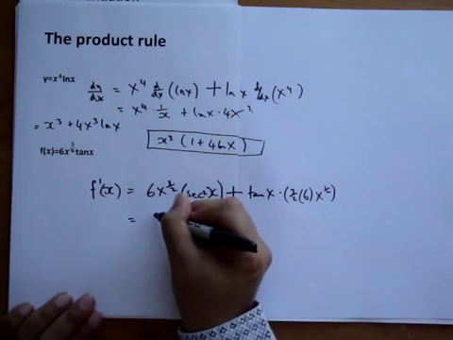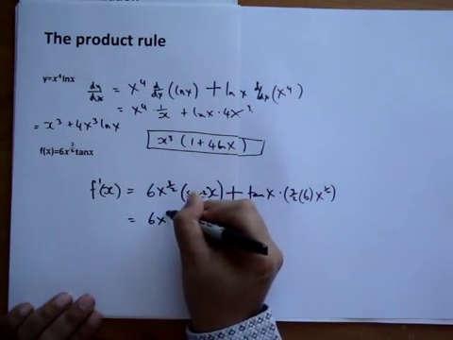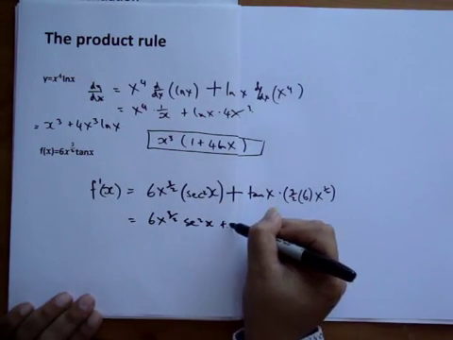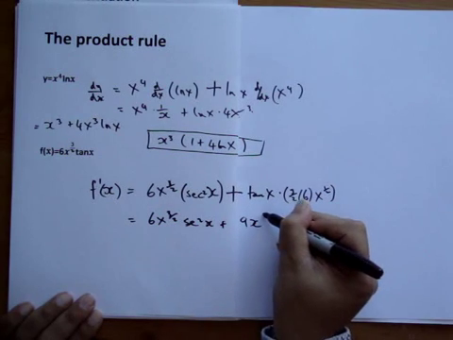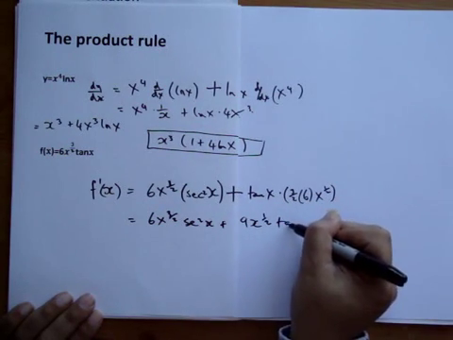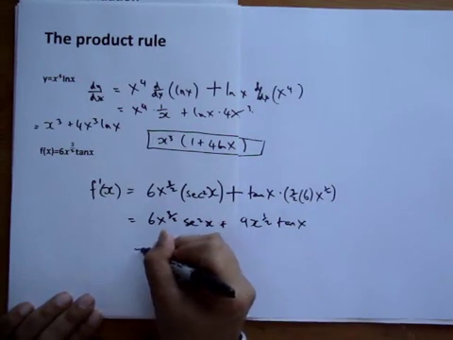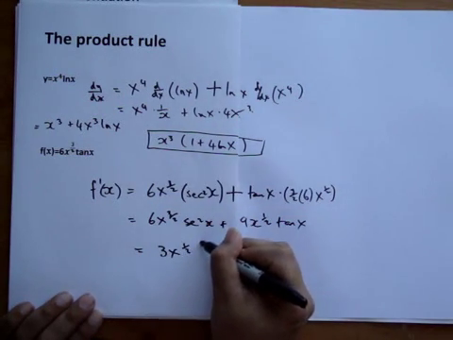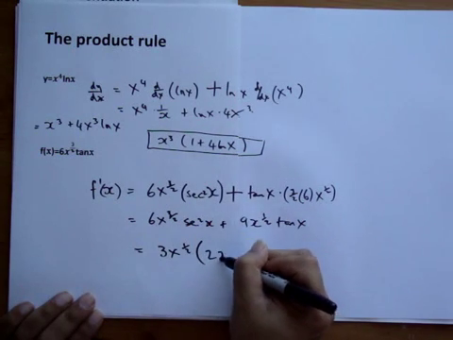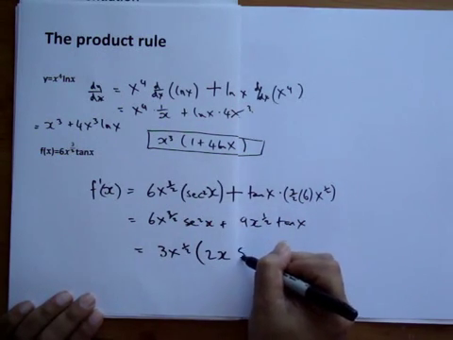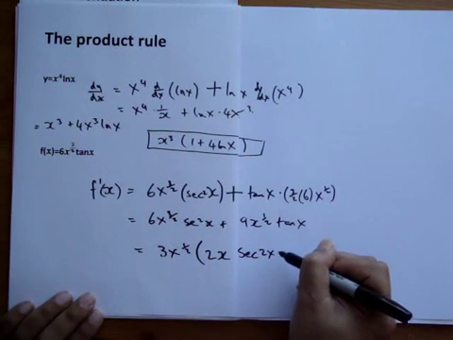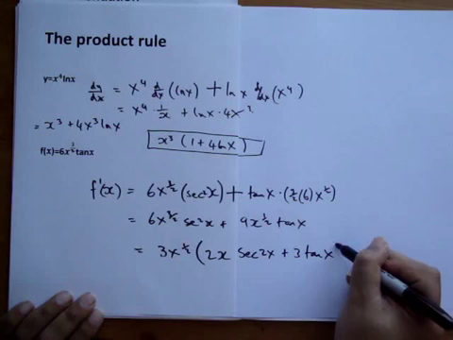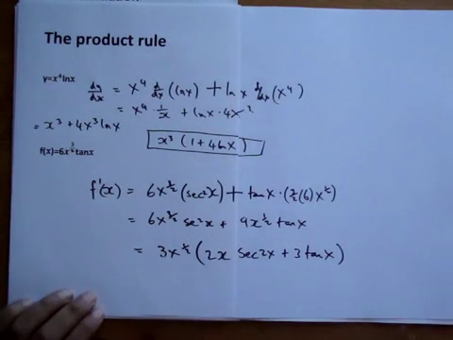Tidying that up, we get 6x to the 3 over 2 sec squared x plus 9x to the power half tan x. Taking the 3x to the power half out as a common factor, we get 2x sec squared x plus 3 tan x, and that is our answer.